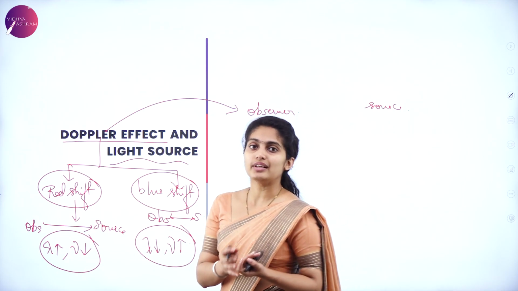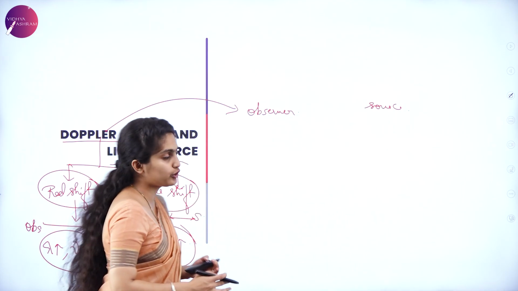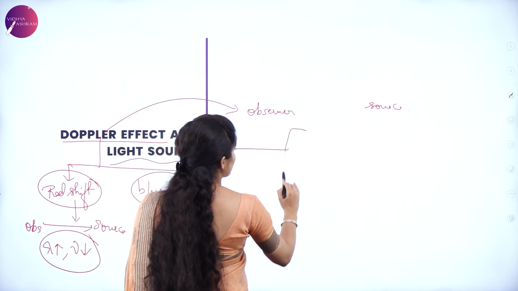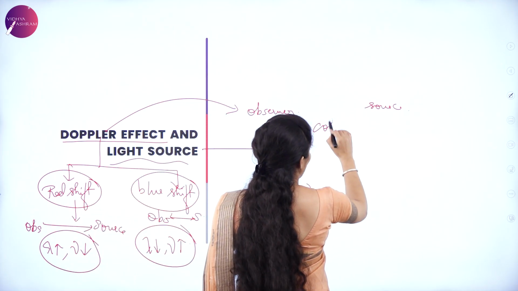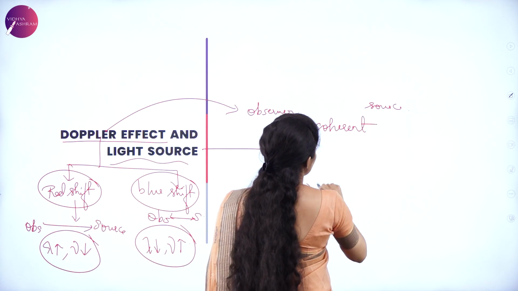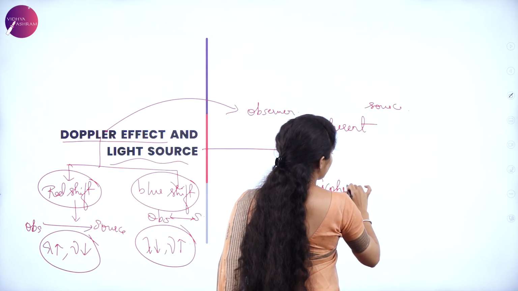So, here are some light sources that we actually use. There are two kinds of light sources: coherent source and incoherent source.